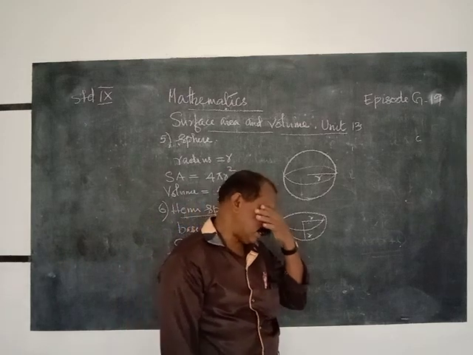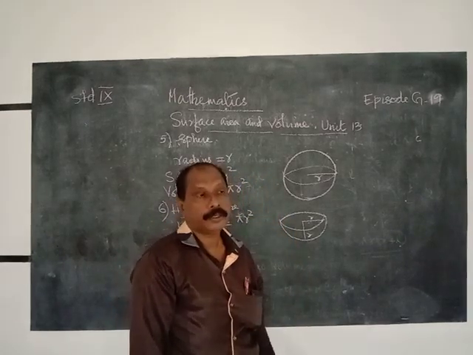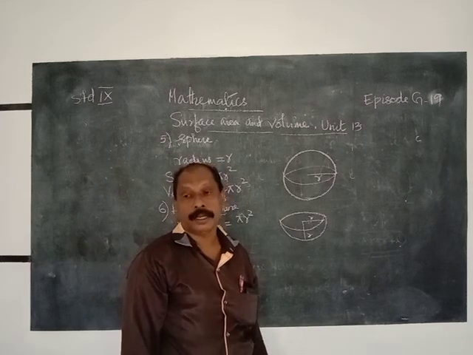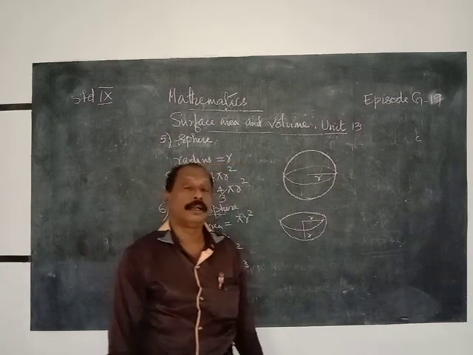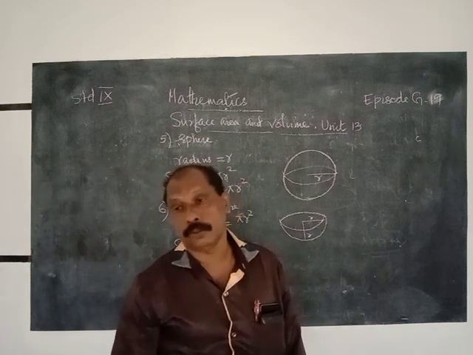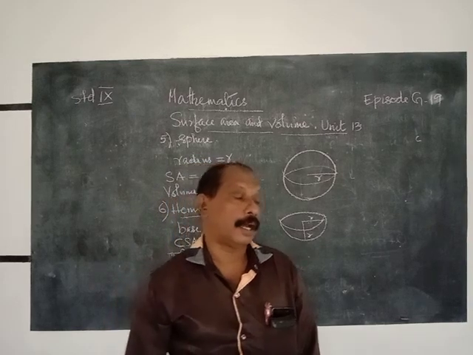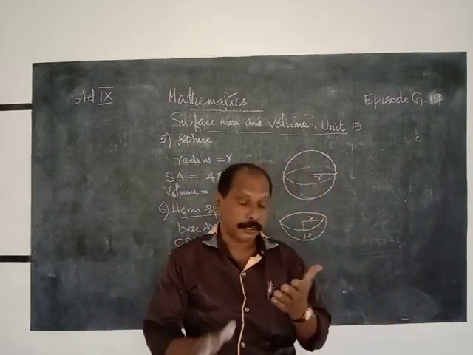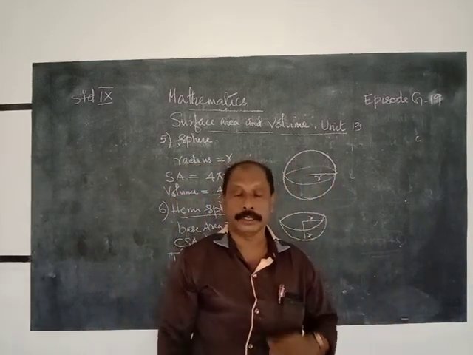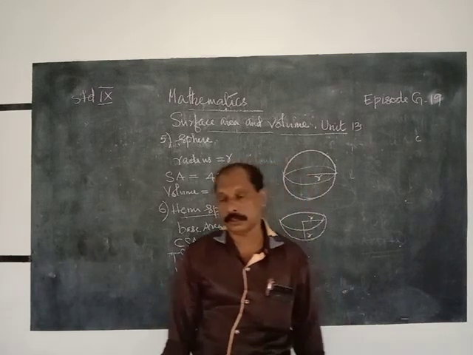Then third one, let us consider the cylinder. The base of a solid is a circle, and for a cylinder there are 2 circular bases and 1 curved surface. Then h is the height of the cylinder and r is the radius. Then 2 base area is equal to twice the area of a circle, that is 2 pi r square.